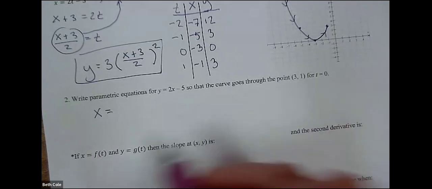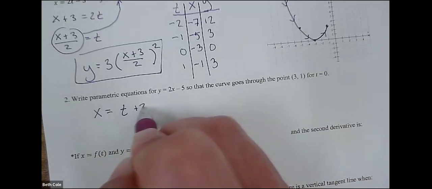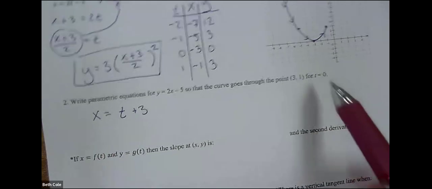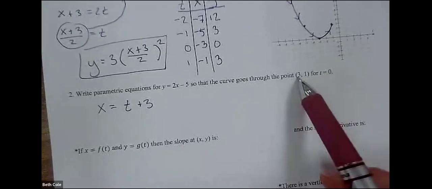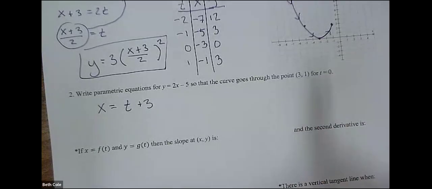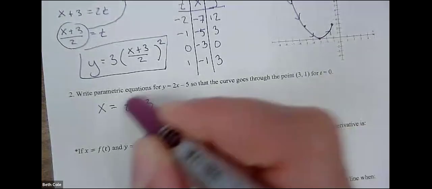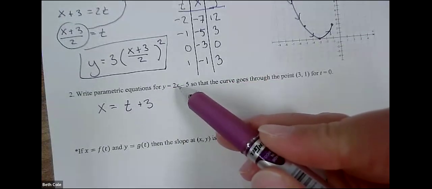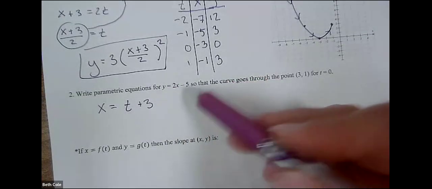So we want t to be in there, and this one is going to be t plus 3. I'm telling you that's the answer, but I want you to think about how I got that. Where did that come from and how did I get that? Because if I plug in 0, I want to get 3, okay? And then we're going to take that t plus 3 and just plug it in for x in our equation.